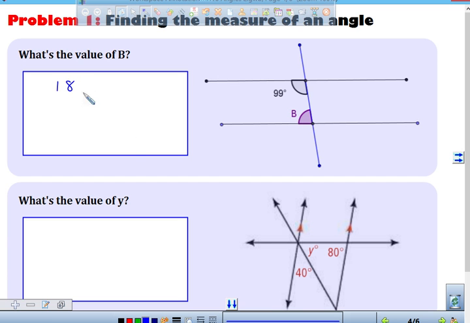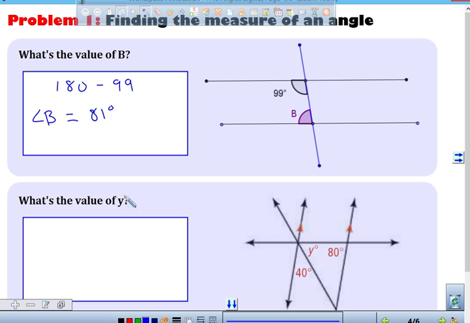Okay, 180 minus 99, and we're going to get what for angle B? Angle B is going to equal 81 degrees. Yep. So notice how I said angle B equals 81 degrees. Okay? Make sure you're labeling things correctly. Angle B is 81 degrees.